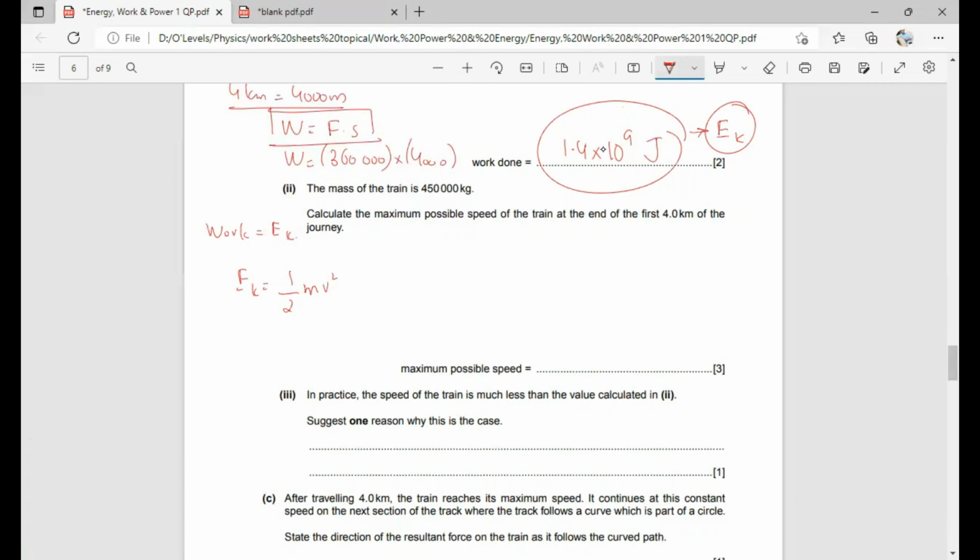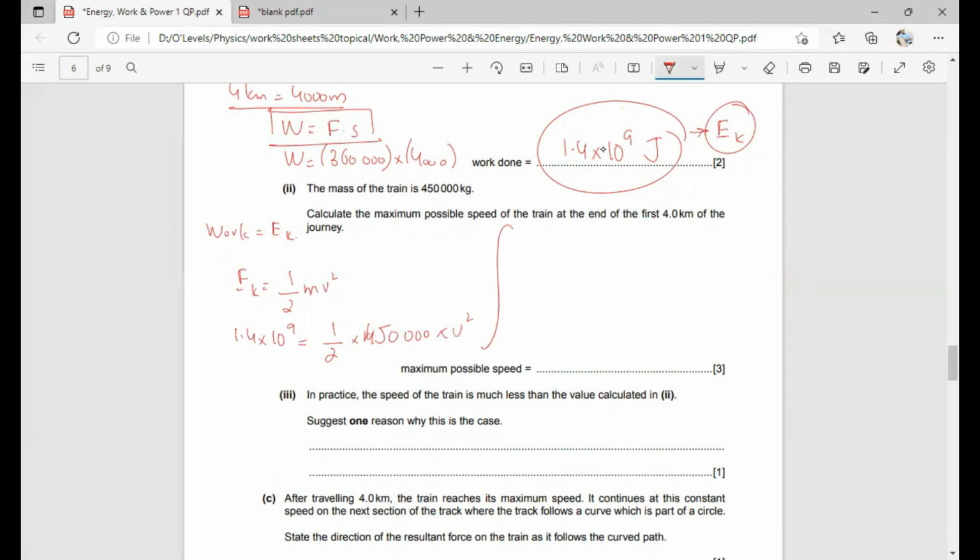So we have kinetic energy. That's your 1.4 exponential 9 equals 1 over 2 multiplied by mass 450,000 into v square.